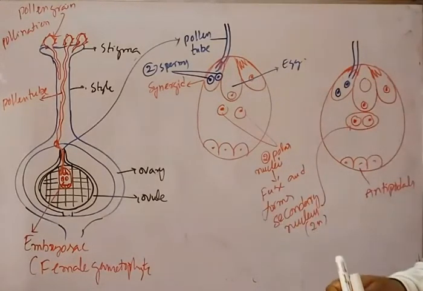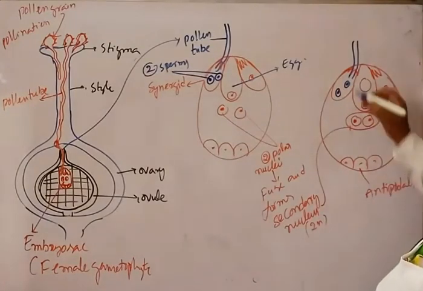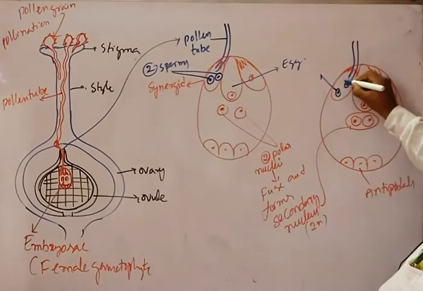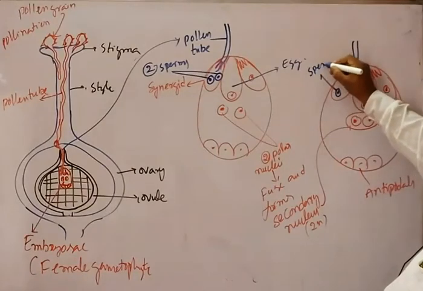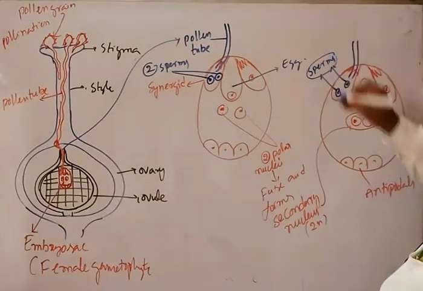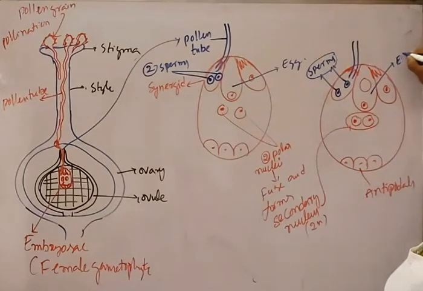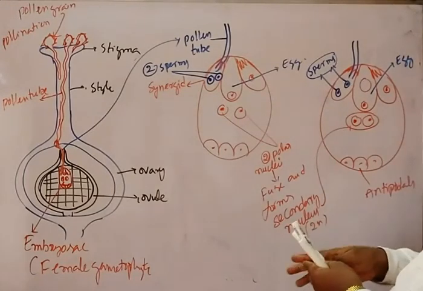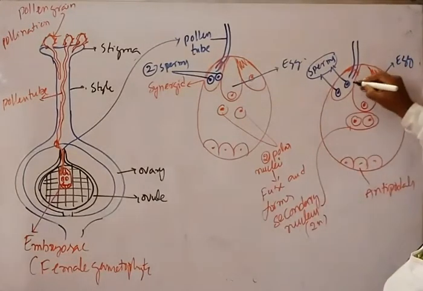Now look here. Out of the two sperms, these are the sperms. And this is egg. One sperm fuses with the egg.